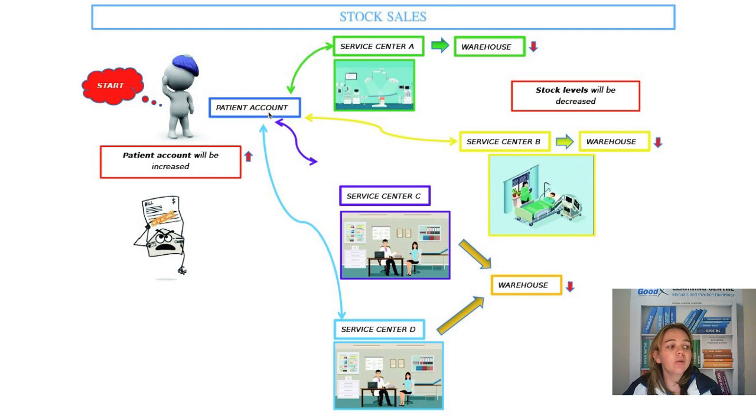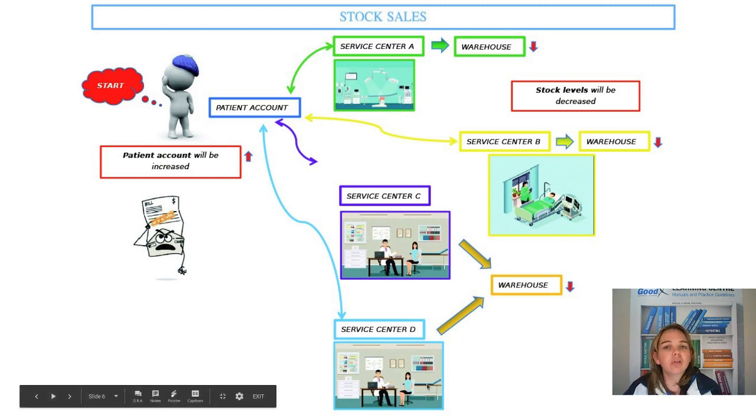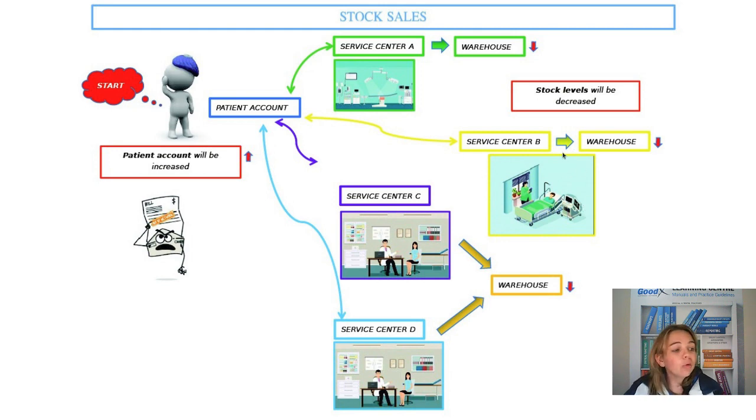From the patient account, depending on in which service center you are going to treat this patient, in service center D, the consultation room, or otherwise in service center B, in the ward, or other consultation room, or otherwise in the theater, it doesn't matter in which service center you treat a patient.